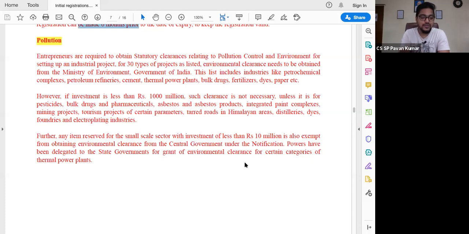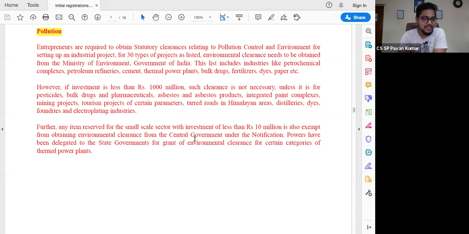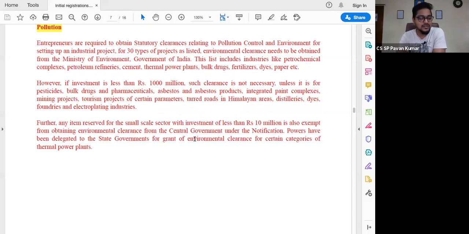Industries relating to petrochemical complexes, petroleum refineries, cement, thermal power plants, bulk drugs, fertilizers, dye, paper, and similar things. All these types of enterprises are normally treated as hazardous, and pollution clearance is required for these industries.